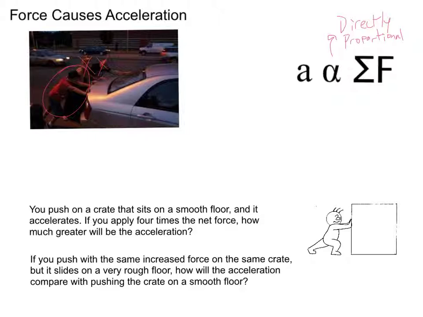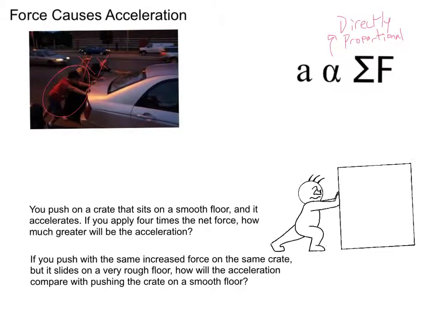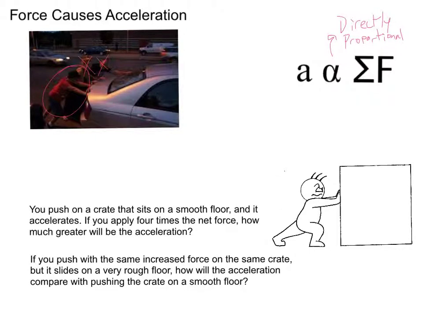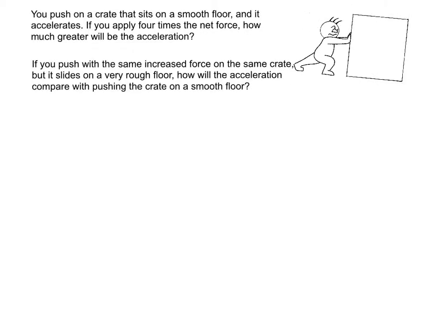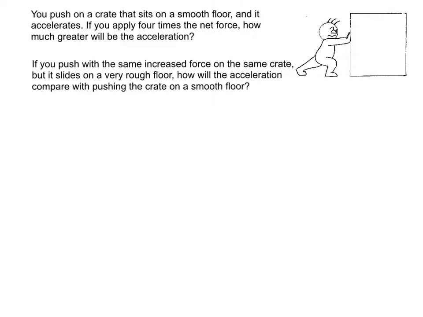So let's think about pushing a crate on a smooth floor. If I push on this crate and it accelerates, if I apply, say, 4 times the net force on this, how much greater will be the acceleration? Well, the acceleration is going to be 4 times greater. Now, let's say I push with the same increased force on the same crate, but it slides on a very rough floor instead of a smooth floor.